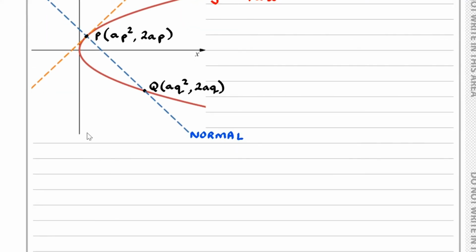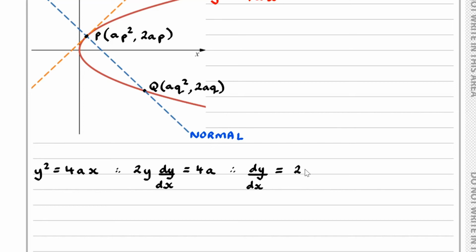So, if we differentiate implicitly, beginning with y² = 4ax, we can conclude that 2y dy/dx = 4a, from which we can see that dy/dx = 2a/y.